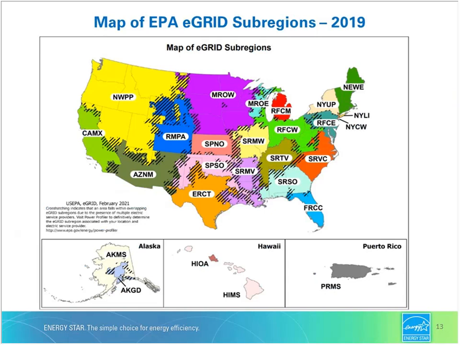And basically, when you enter a building into Portfolio Manager and you enter your zip code, Portfolio Manager maps your building to a designated subregion, and each subregion has its own emissions factor. And that is what is used for calculating the emissions associated with electricity consumption at your building.